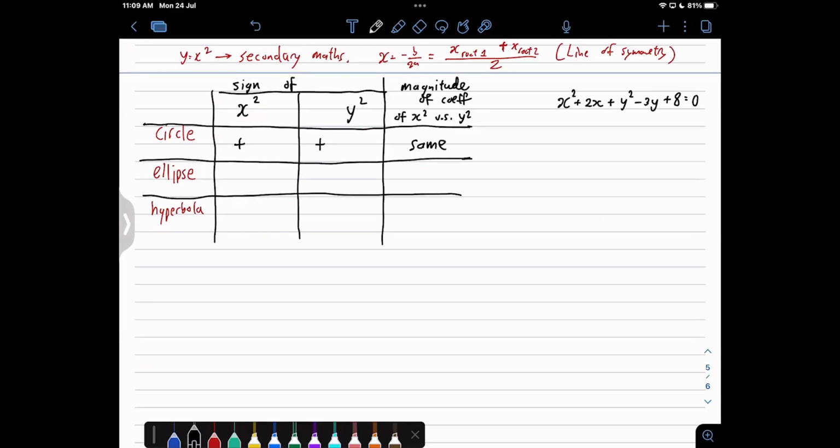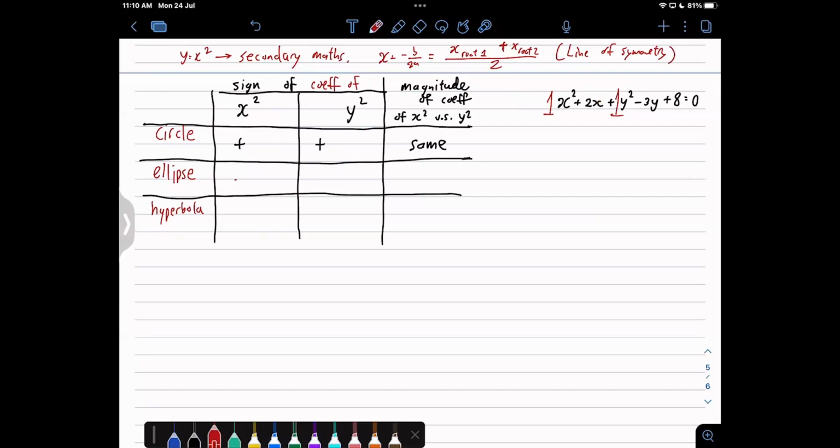Is this a circle, ellipse, or hyperbola? Circle. Why? Because you got positive 1x square, positive 1y square. Both the sign of the coefficient of x square and y square is positive and positive, and the magnitude is 1 and 1, the same.